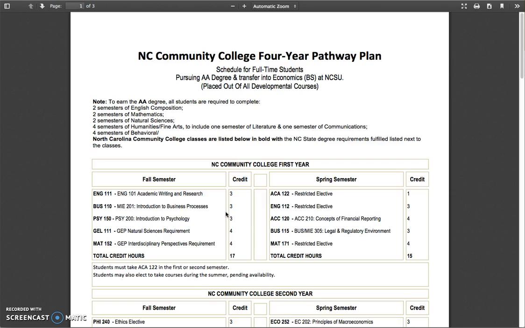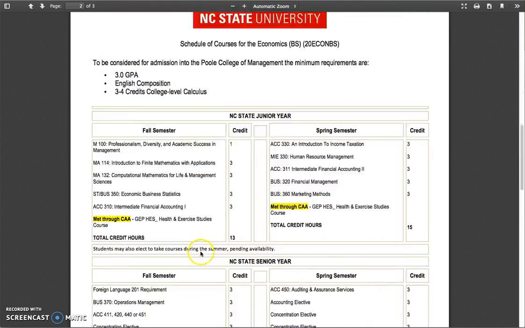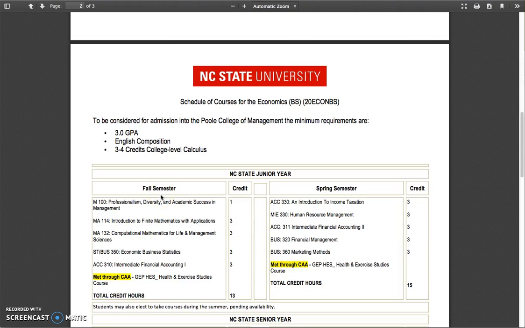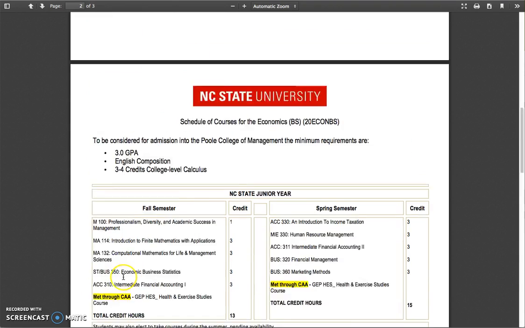So when you open up economics, what it offers you is a four-year plan, where the first 2 years are what you would complete at the community college, and then the next 2 years are what you would complete at the senior institution. And so it's got specific courses that you would be taking.